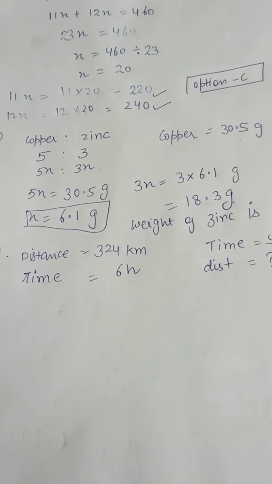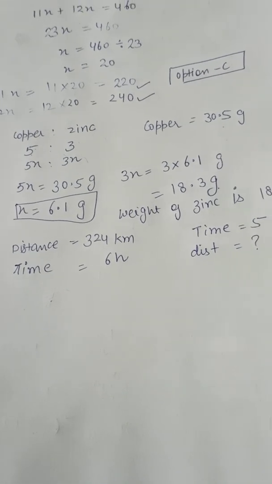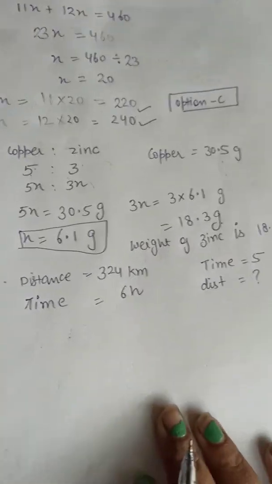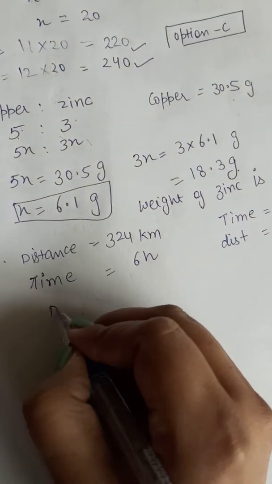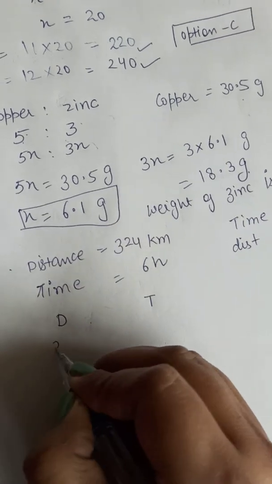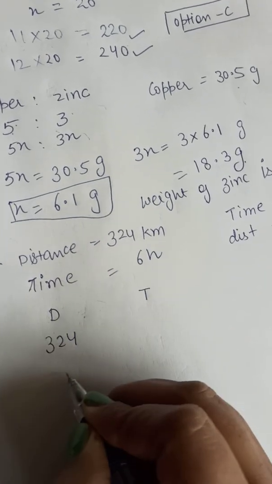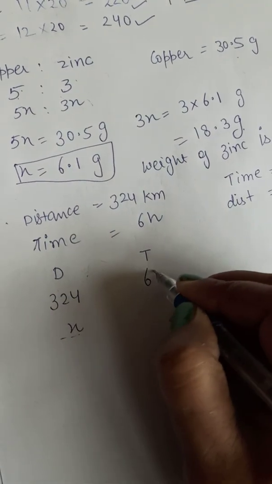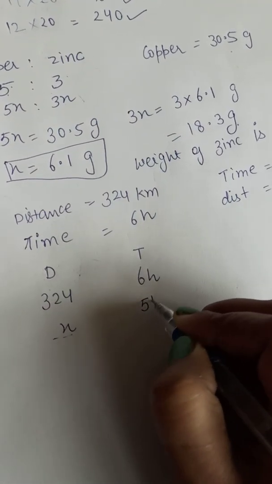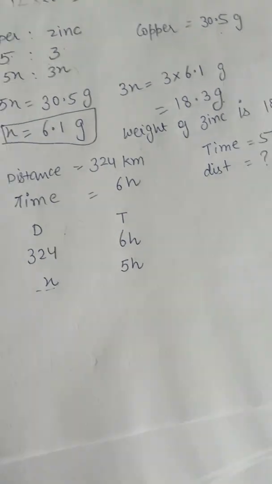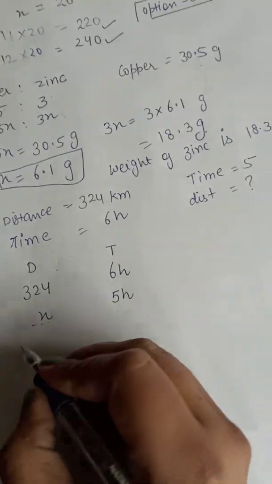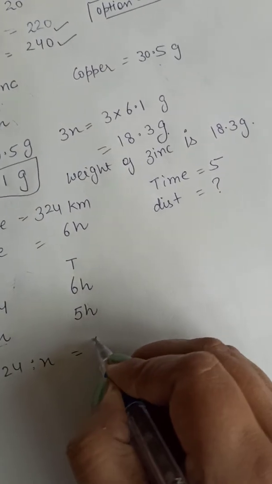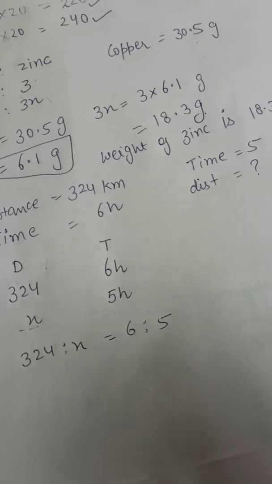In 5th class you have done it with the unitary method, but here we will do it with ratio, that is, on this side distance and time. Here distance is mentioned, here it is not, so we will take it as x. Time is 6 hours and here it is 5 hours. 324 ratio x equals 6 ratio 5.